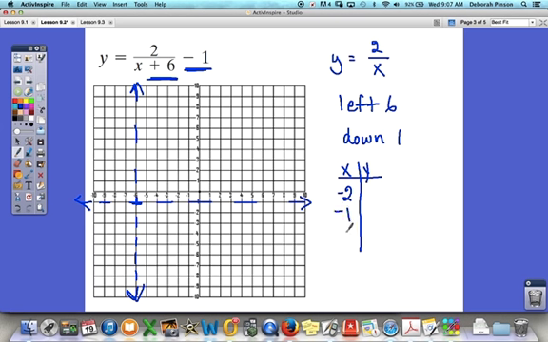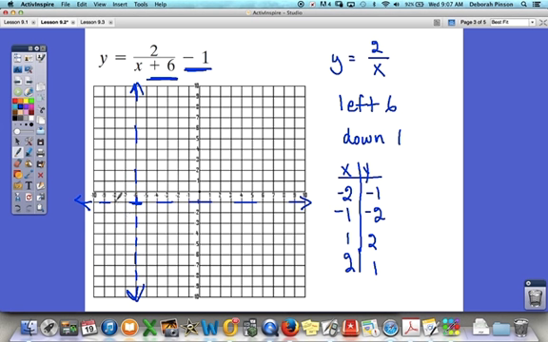And remember, skip 0 because it's going to be undefined anyway. So I'll have 2 over -2 is -1, -2 because it'll be 2 over -1, 2, and 1. And I'm going to graph those in. Now remember, I'm going to graph them like this is my 0, 0. So I will have automatically moved them back 6, down 1.